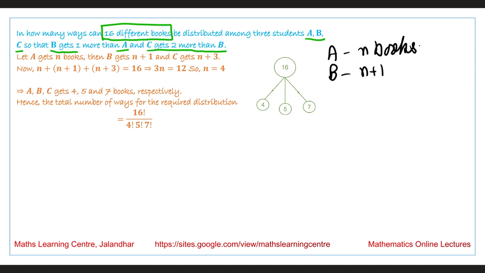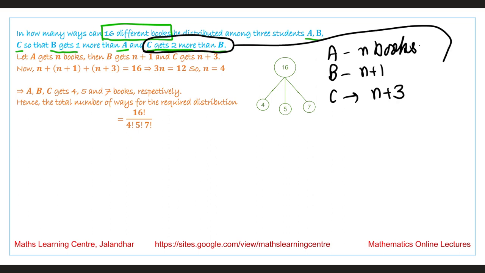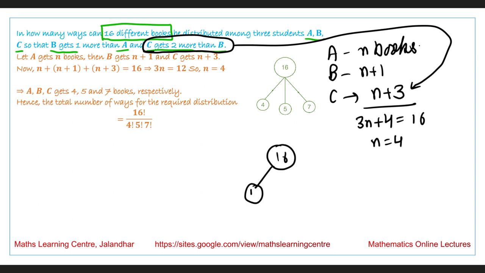And C will obtain n plus 3 books, because C is getting 2 more than B. Now the sum of all these values is 3n plus 4, which is equal to 16. So we obtain n is equal to 4. So this gives us a total of 16 books. A has to get 4, B has to get 5 and C has to get 7 books.